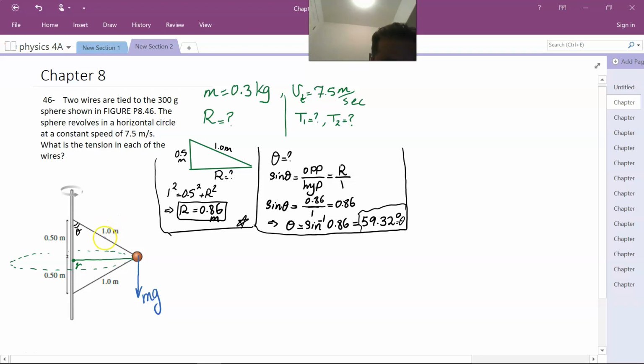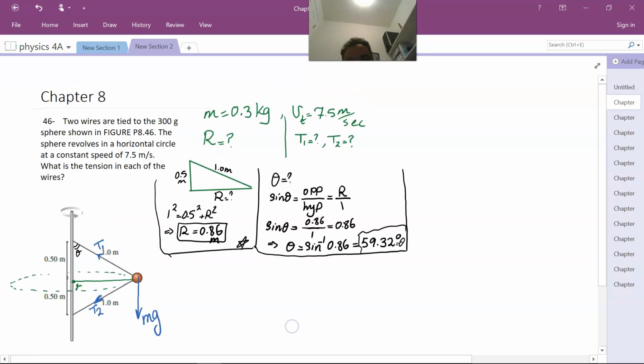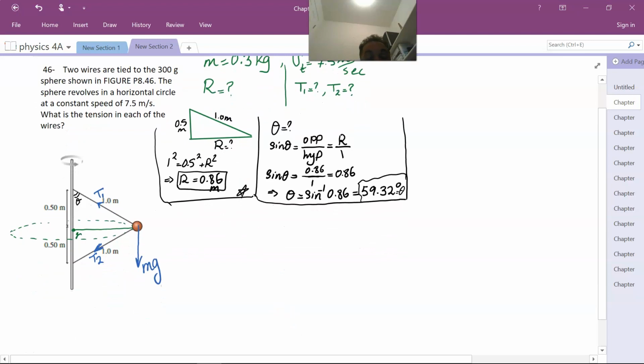Then what I have here, I do have tension 1, and also what I have here, I do have tension 2. I do not have a normal force. Why? Because there is no contact surface.